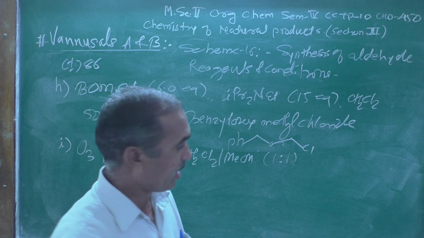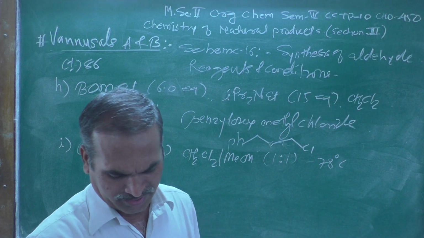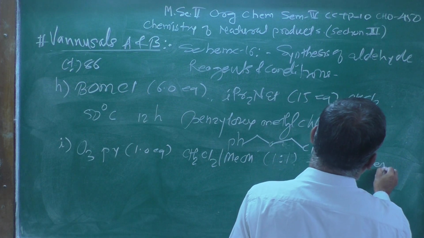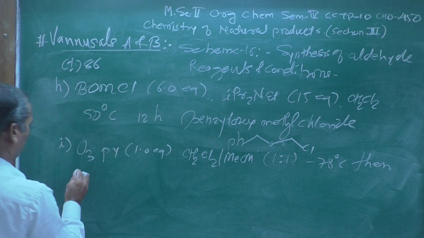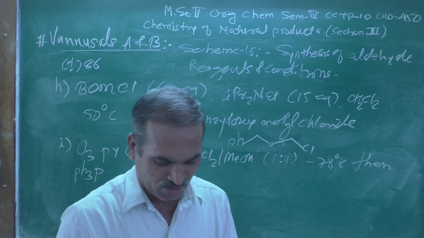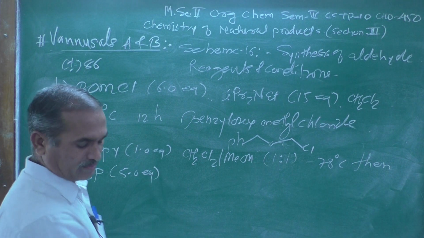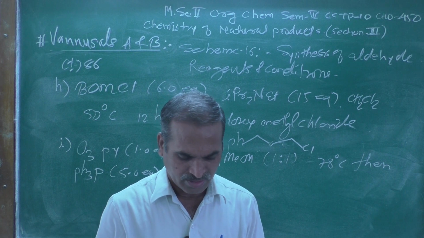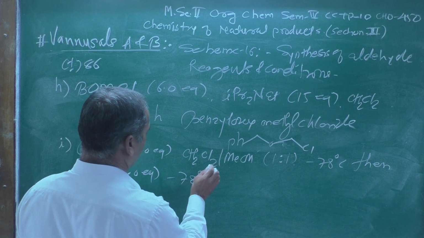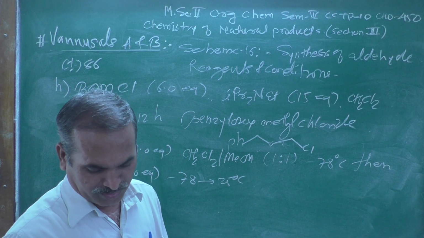The temperature of the reaction mixture was kept around minus 78 degrees centigrade, and then triphenylphosphine, PPh3, was slowly added dropwise, taken at around 5.0 equivalent, and the temperature was brought from minus 78 to 25 degrees centigrade, room temperature.